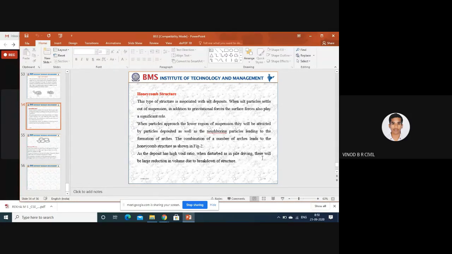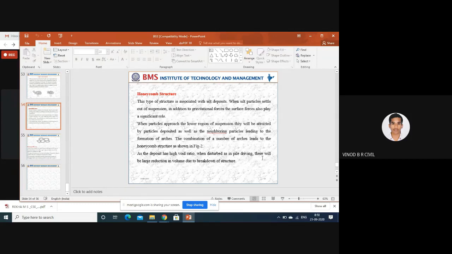When silt particles settle out of suspension, in addition to gravitational force, the surface force also plays a significant role. If you put any heavy material on a silt-deposited soil mass, with the help of gravitational force itself it settles.